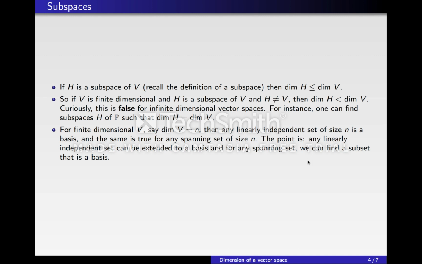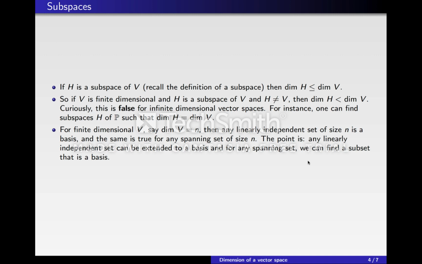For infinite dimensional vector spaces like P, the vector space of all polynomials, you can find strict subspaces H of P such that the dimension of H is the same as the dimension of P.